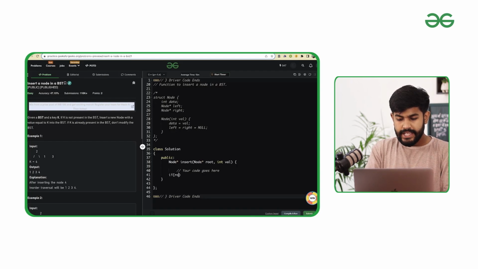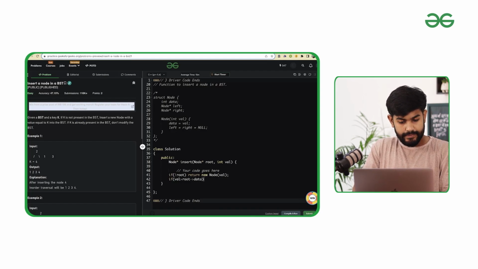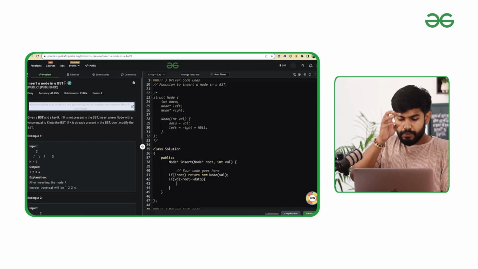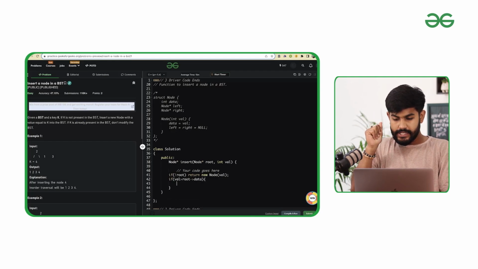Okay, so I would say if we hit a null condition, then we would make a new node and we would return that. Okay, this is correct. Now we would say one more thing. If the current value is greater than root dash data, okay, then we would move on to the right hand side.